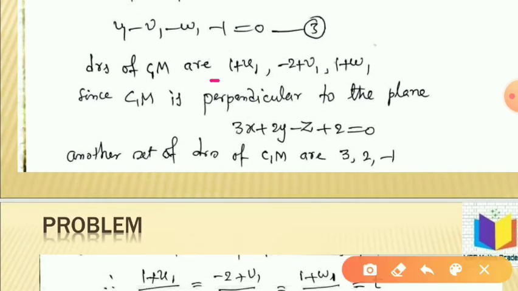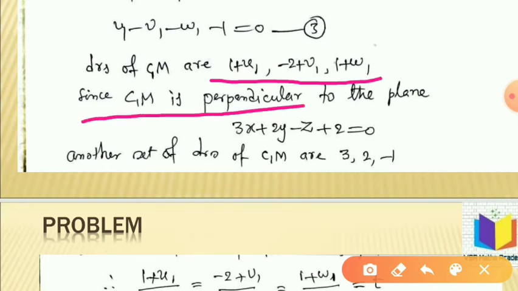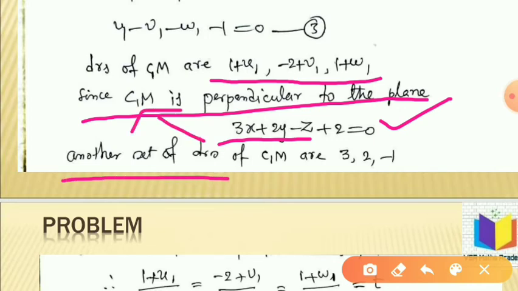Since C1M is perpendicular to the plane, the coefficients of x, y, z in this plane are nothing but direction ratios of C1M. Therefore another set of DRs of C1M are 3, 2, minus 1.